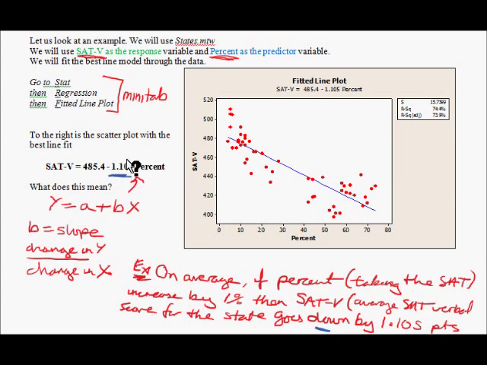That's what it's telling us here. For every one change in percent, verbal changes by a negative 1.105.